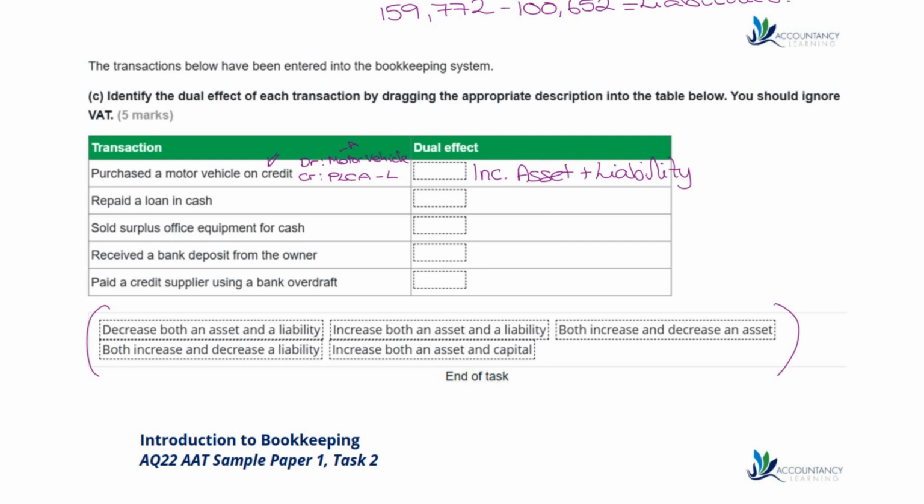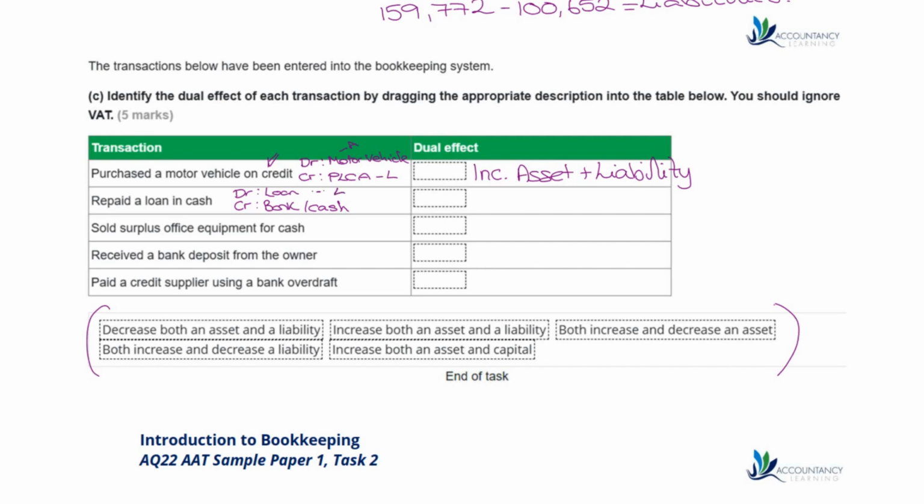The second one is repaid a loan in cash. So our double entry there is if we've used cash, we're going to be crediting a bank account or some form of cash account, and we will be debiting a loan account.